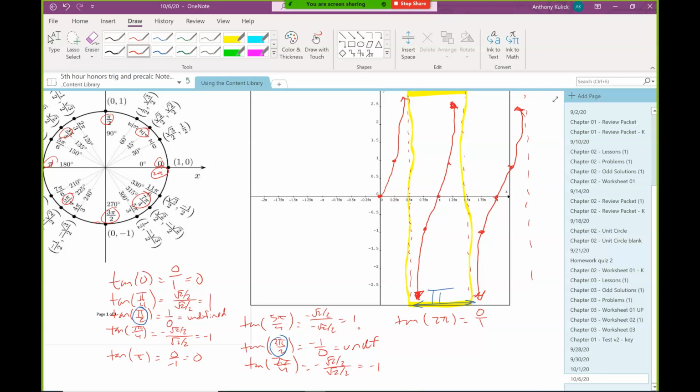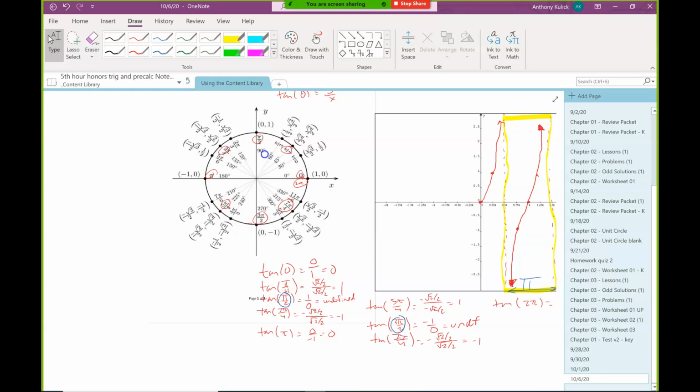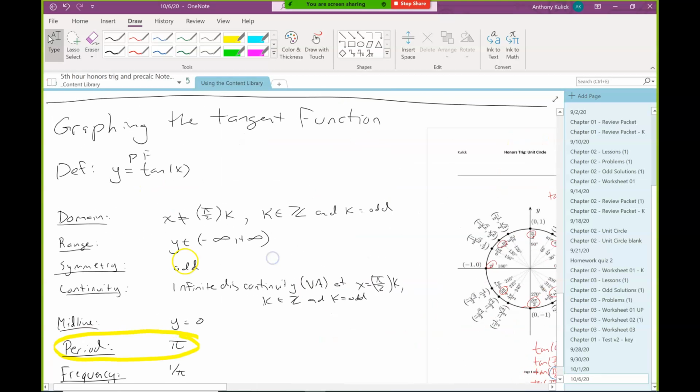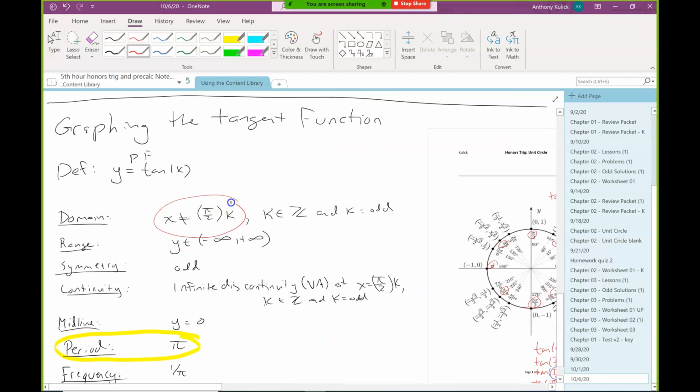And then we notice that if this is periodic, every pi units we're going to get another undefined piece. So if we have pi over 2, 3 pi over 2, the next one would happen at 5 pi over 2, and then 7 pi over 2, etc. So that's why our domain is everything except for where those asymptotes fall.